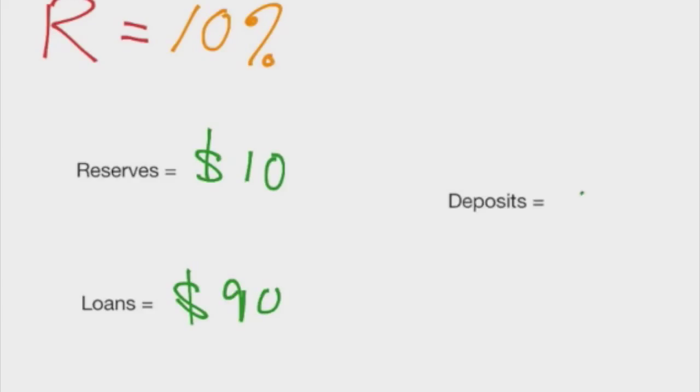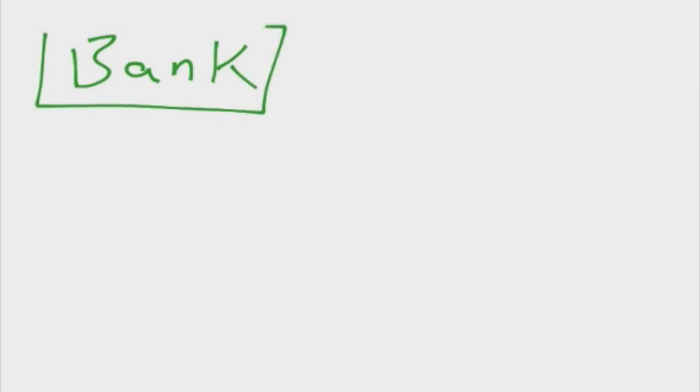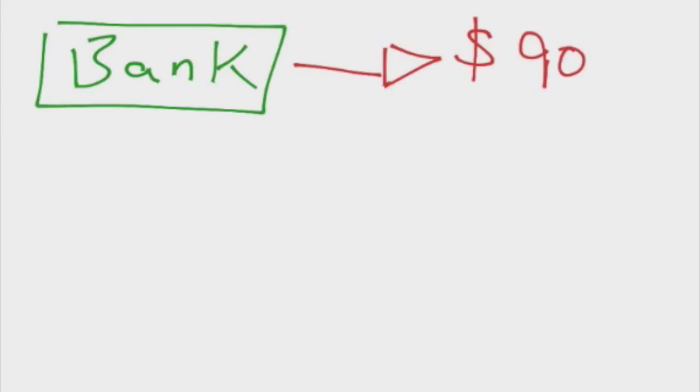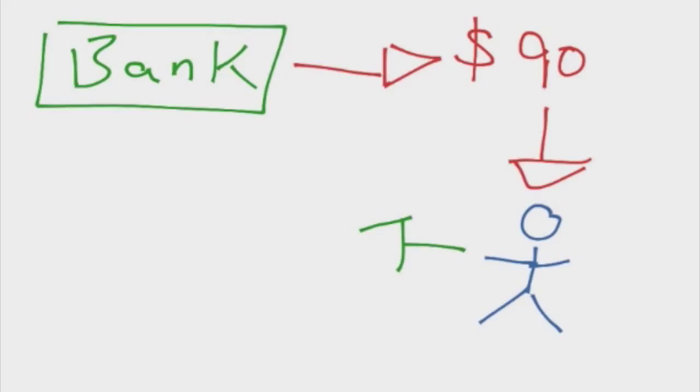And this is the total deposit of $100. So the first bank goes ahead and loans out $90 to another person, and this person then deposits this money into another bank, and that bank also has to have a reserve of 10%.